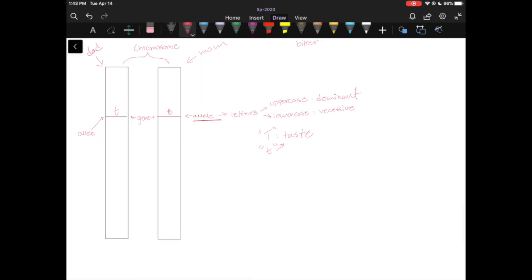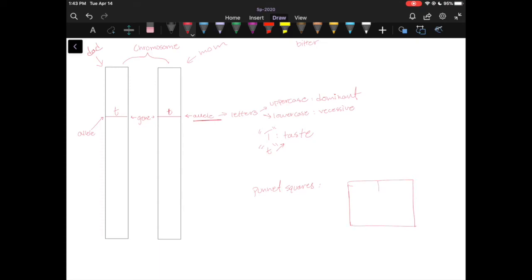How you can determine what type of allele is going to be present is through the use of Punnett squares. Punnett squares are a way to determine the allele combination based on your parents.